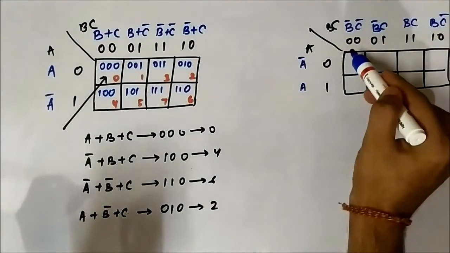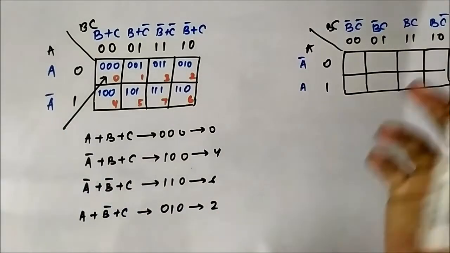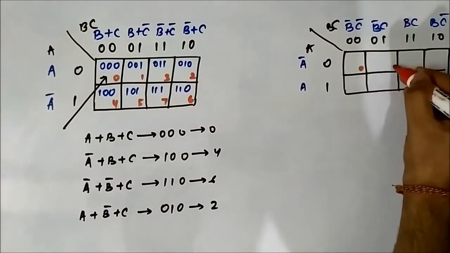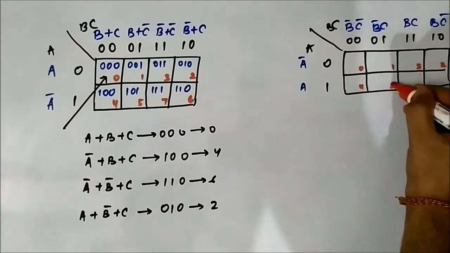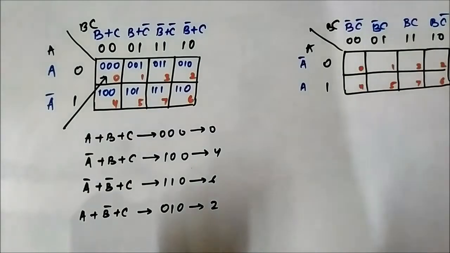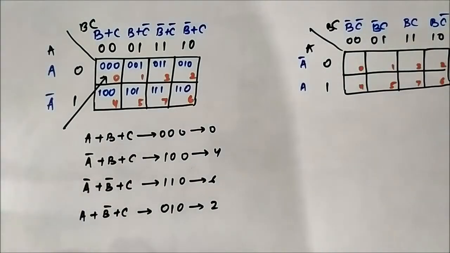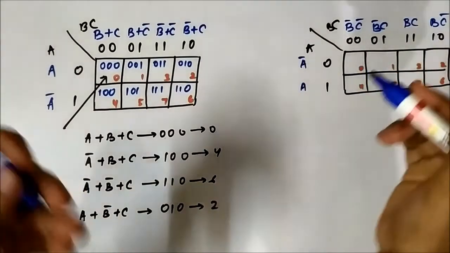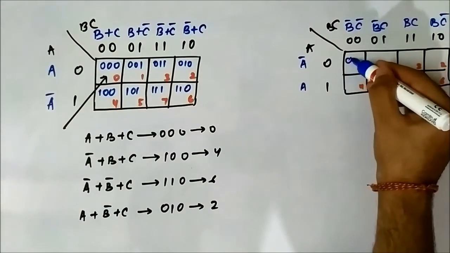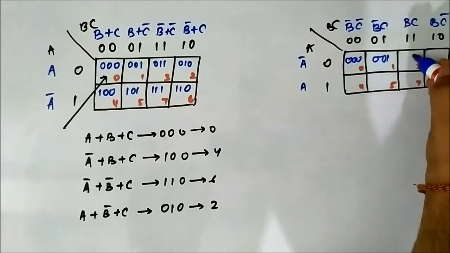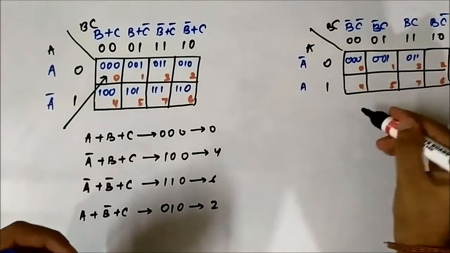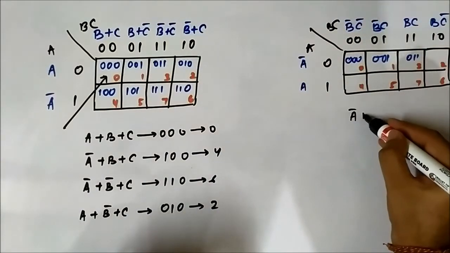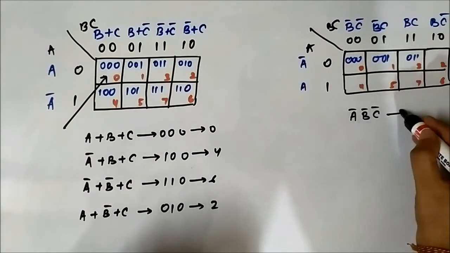Okay, so again this is 0 1 3 2 4 5 7 6. Here it is also the same thing, 0 0 0, 0 0 1, 0 1 1 and so on, but here this cell stands for A bar, B bar, C bar.